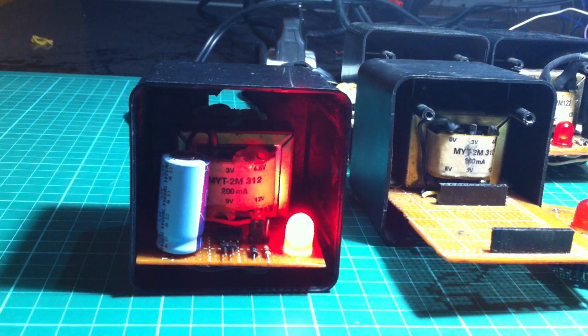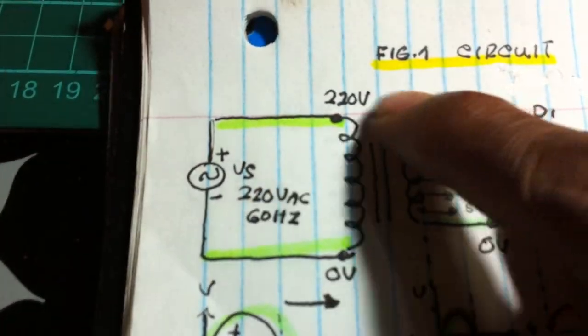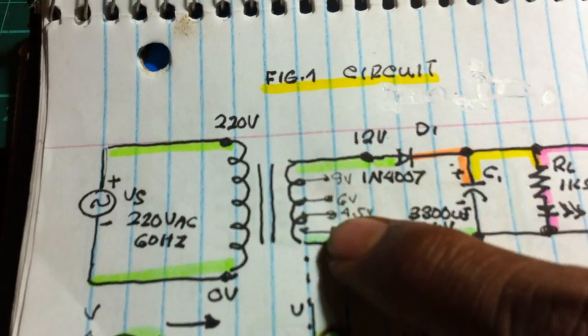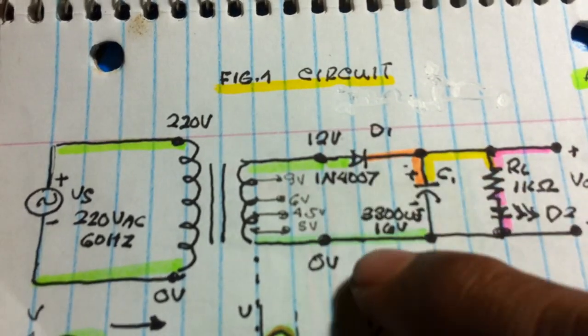Okay, and let us now see the diagram of the half wave rectifier, how to design this rectifier. We have the circuit, 220 volts, 220 volts to 0 volts, primary winding, secondary. I'm using multiple output transformer, 12 volts.